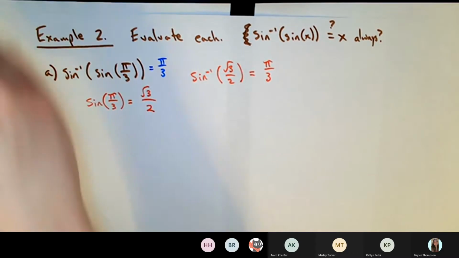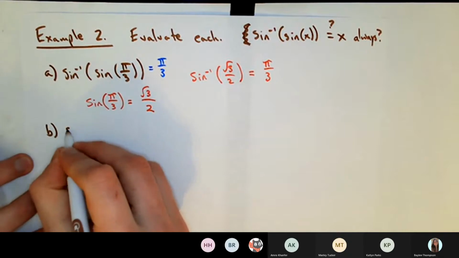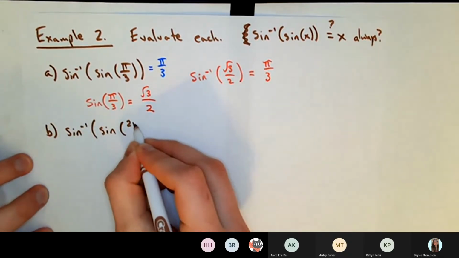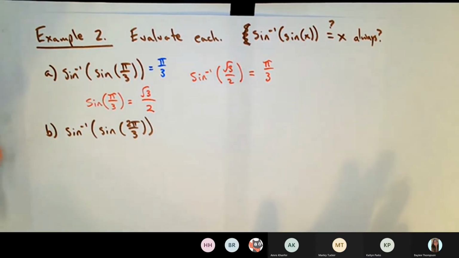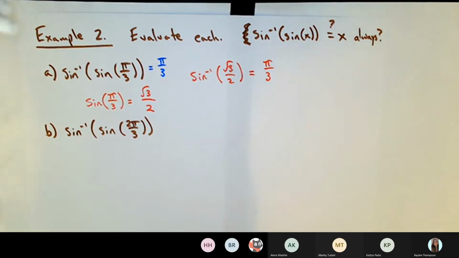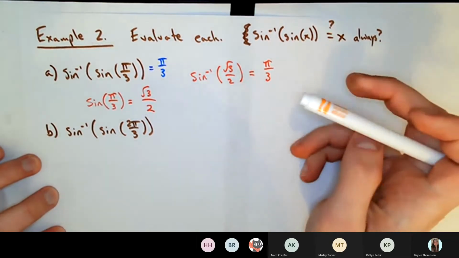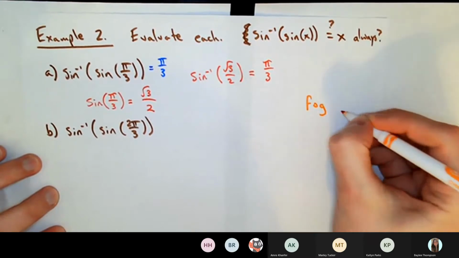Okay, what about part B? Let's look at sine inverse of sine of 2 pi on 3. What we're doing right now is function composition, by the way. If you remember from 112, we're composing functions. The notation you may have used in 112 is f of g of x.